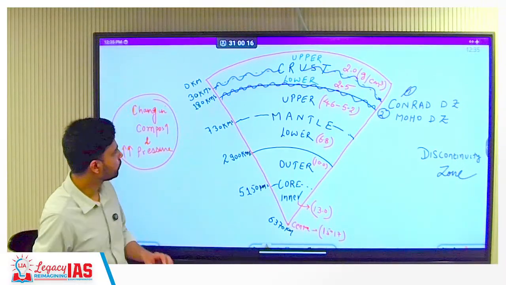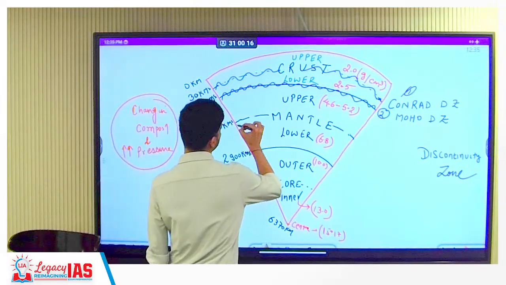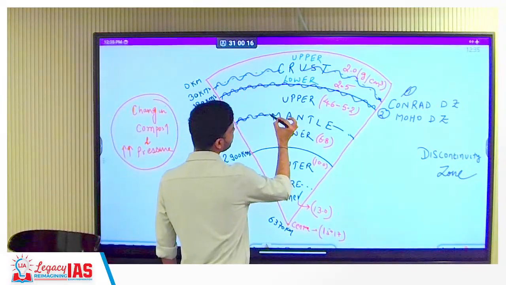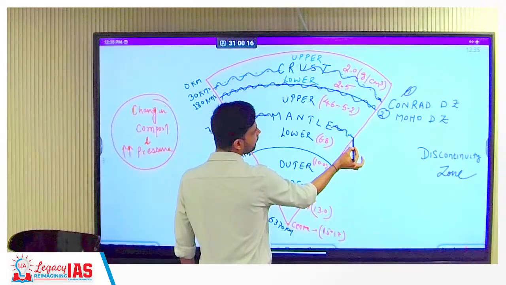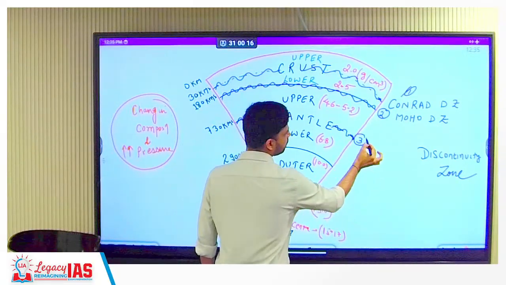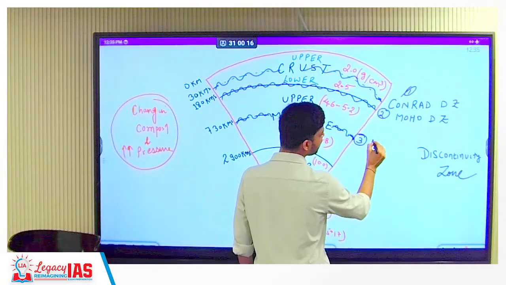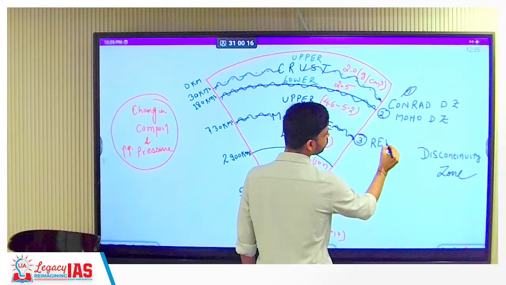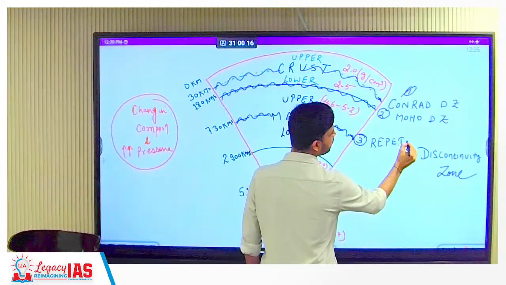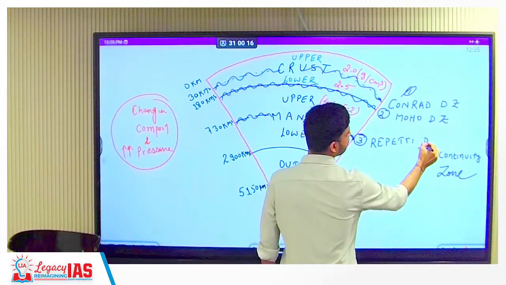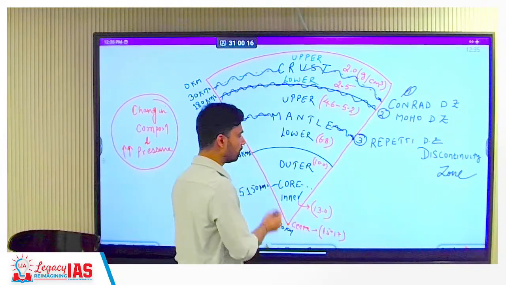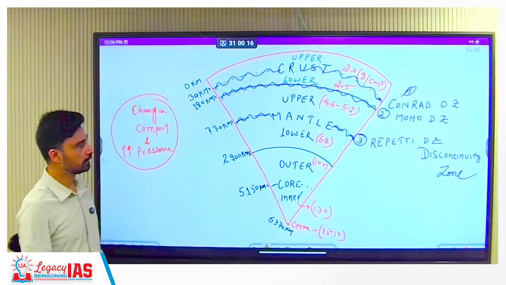Then further, the next discontinuity you should expect between which layers? Upper mantle and lower mantle. Between upper mantle and lower mantle, the discontinuity zone is referred to as the Repetti discontinuity zone.